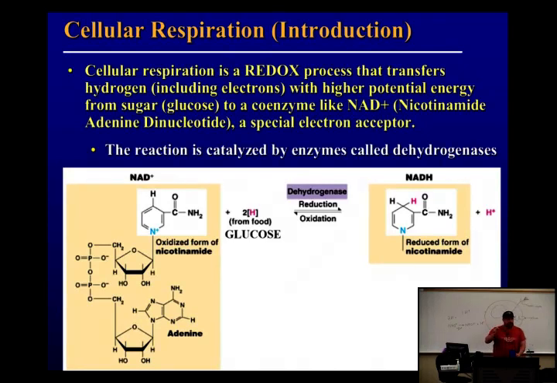You don't want electrons flying around inside your cell any more than you want them flying around inside your body. So you want to be able to move these things safely. This molecule's job is to do that. Think about it as like a UPS truck that someone stuck an electron in. So now you can ship it around the cell without having to worry about where that electron is going to end up. Okay?